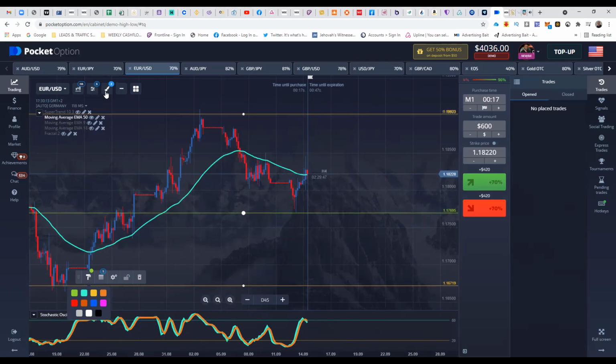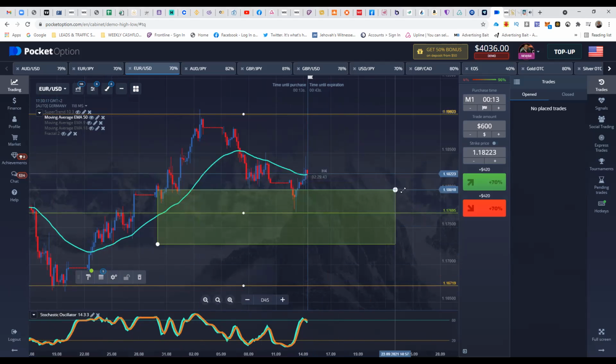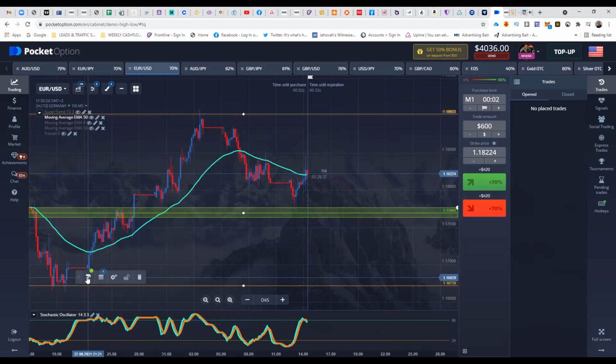So I'm going to take the rectangle tool and draw my zone based off of this, and I'm going to make this yellow. All right.